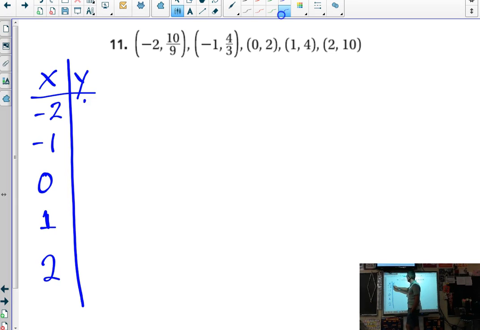So go ahead and make your table. You have 10 ninths, 4 thirds, 2, 4, 10. Interesting.